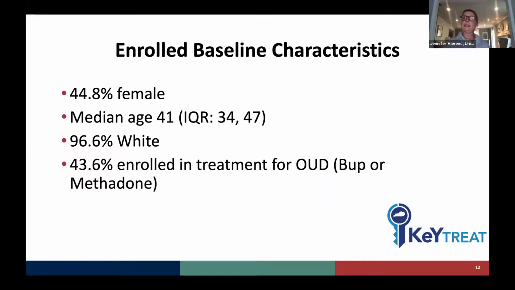And as I mentioned, Kentucky's Medicaid is very inclusive, and we've had a huge uptick in the number of people enrolled as a result of the Medicaid expansion in Kentucky. And it looks like it's working. For those of us who look at treatment for substance use disorder, this is very encouraging. This was one of the hallmarks of Medicaid expansion: can we get folks enrolled in substance use disorder treatment?